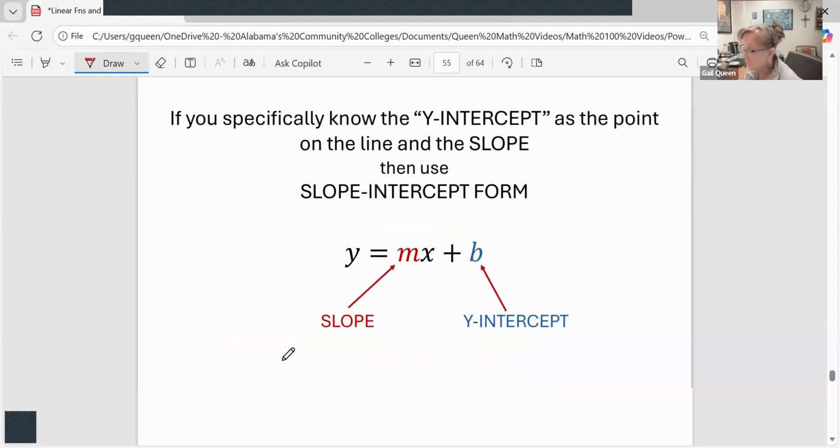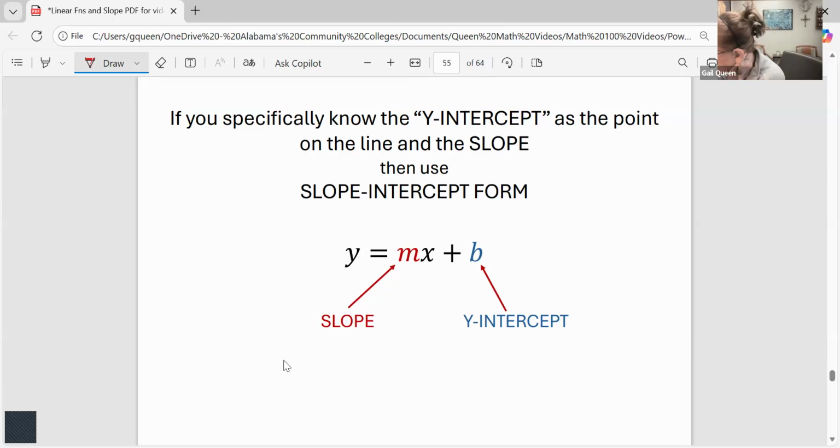Now there's a second formula for writing the equation of a line, and this is called the slope-intercept form. It is y equals mx plus b. Slope-intercept form means that the equation is solved for y.